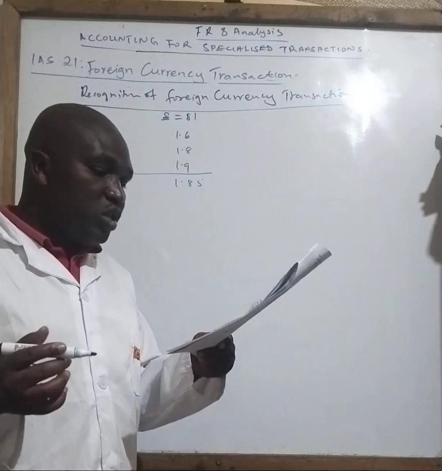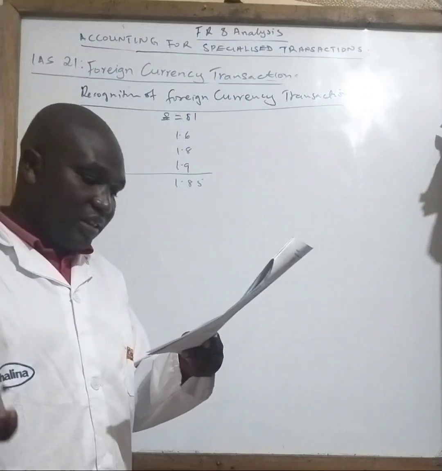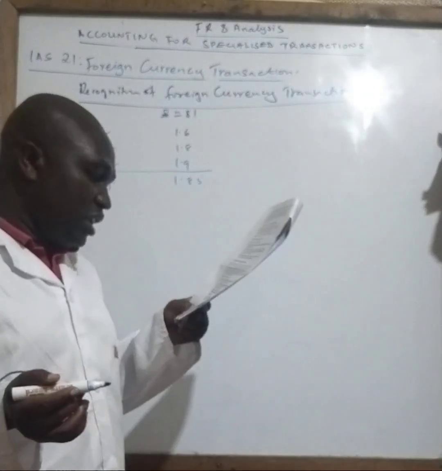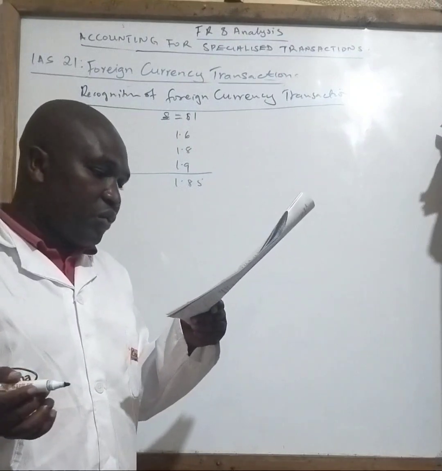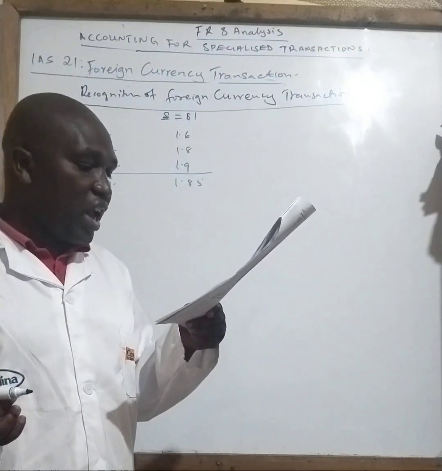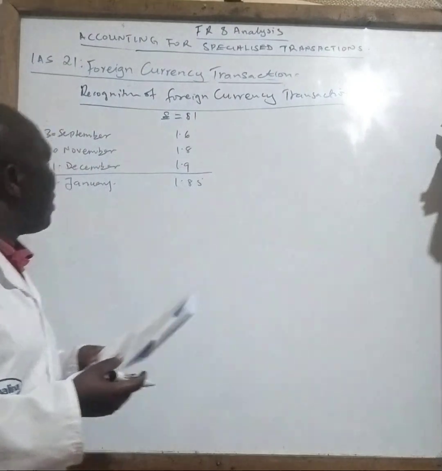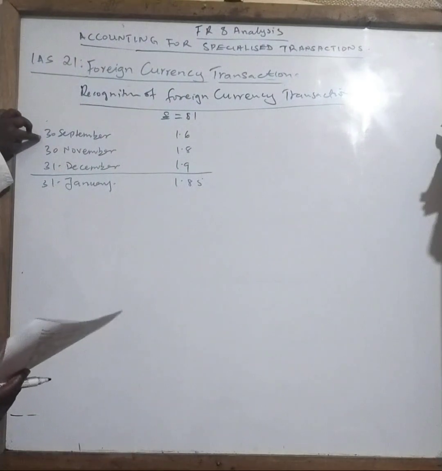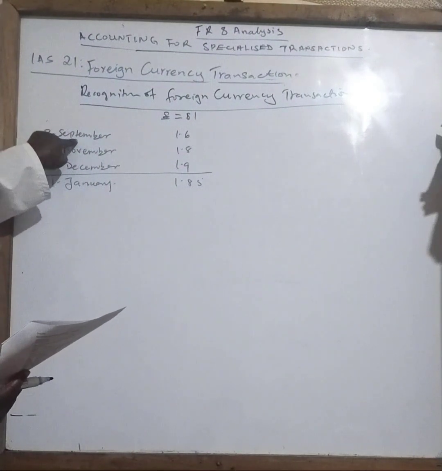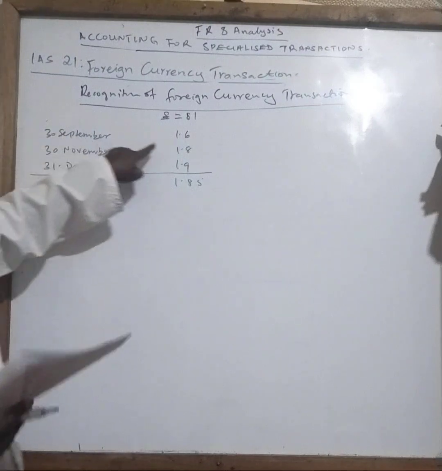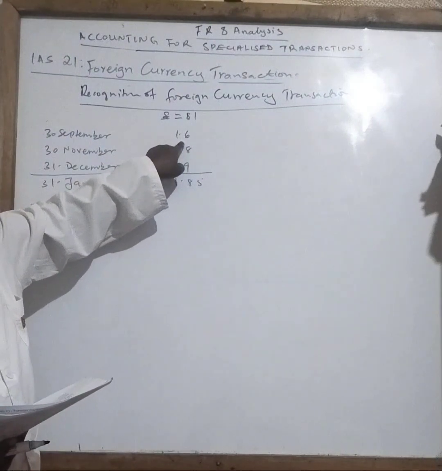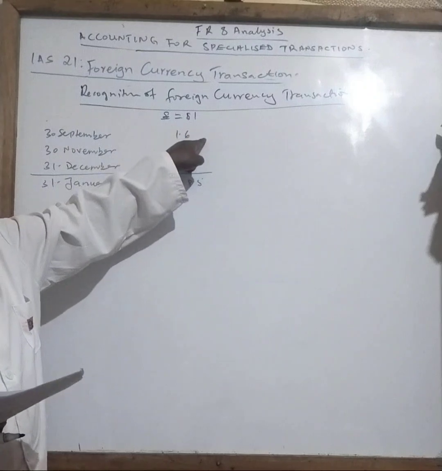Then it buys some goods from Rinca SA of France on 30th September. Buys means purchases are taking place here. So there were purchases of goods on 30th of September, and the prevailing rate is 1.6 pounds against $1.